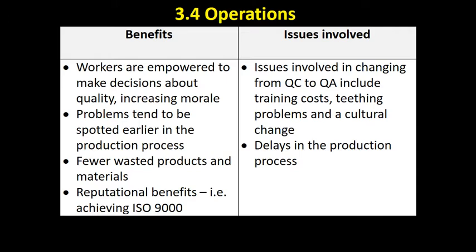So what does that do to the workers? Well, the workers may believe that any issues to do with quality aren't necessarily to do with them. Somebody else is going to sort that out. If you get rid of that element of quality control and you say to the worker, well, actually you're responsible for the quality of your own work, that can be quite motivating for an employee.